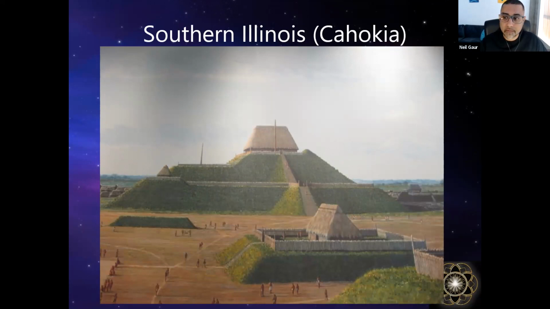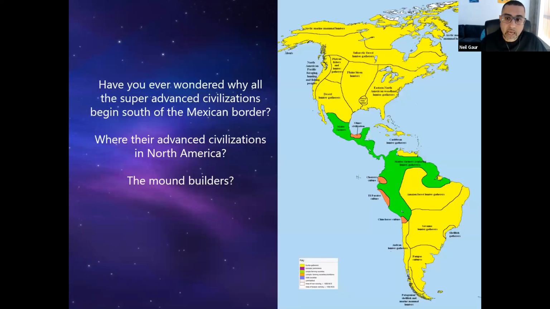So what I've come to understand is the reason why we have civilizations that don't look so advanced in North America, but starting in Central America and going south we have all these advanced structures, is because there was a different policy in regards to the indigenous tribes from the North and from the South.